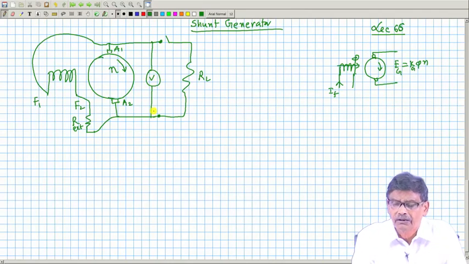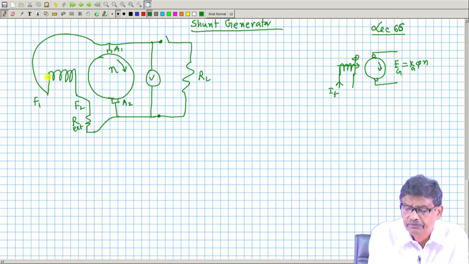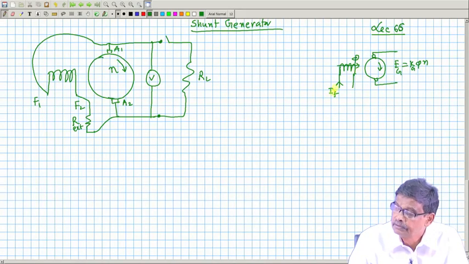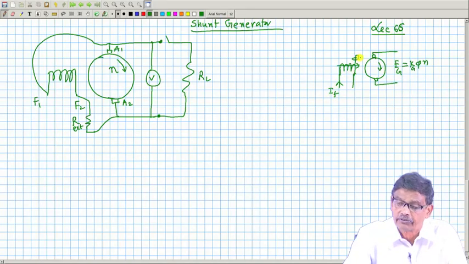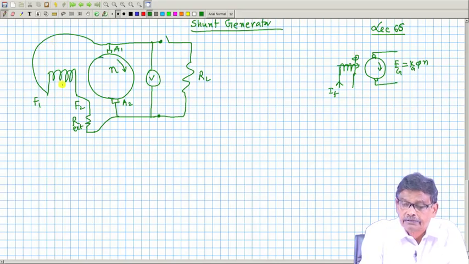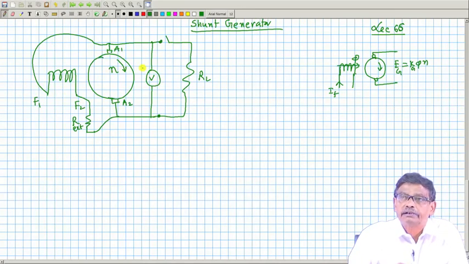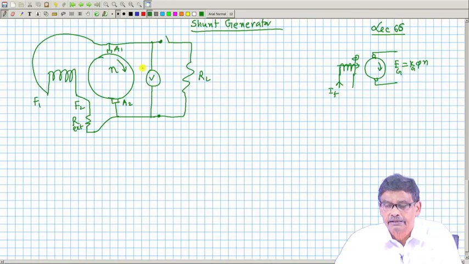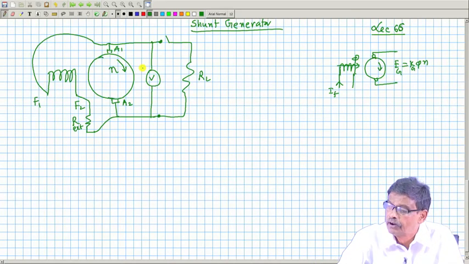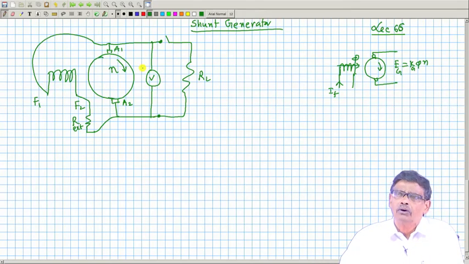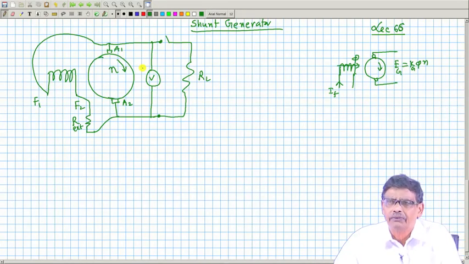The answer is no, because who will create the flux per pole? This phi. Here I_F was responsible for creating that, but here I do not find any field current which will establish the stator flux phi, and generated voltage is proportional to phi into n. Mind you, no matter how you connect the field winding and armature winding, this relation is always true.